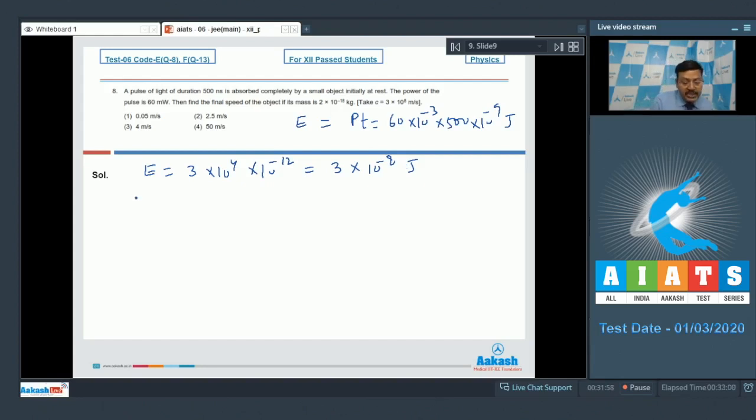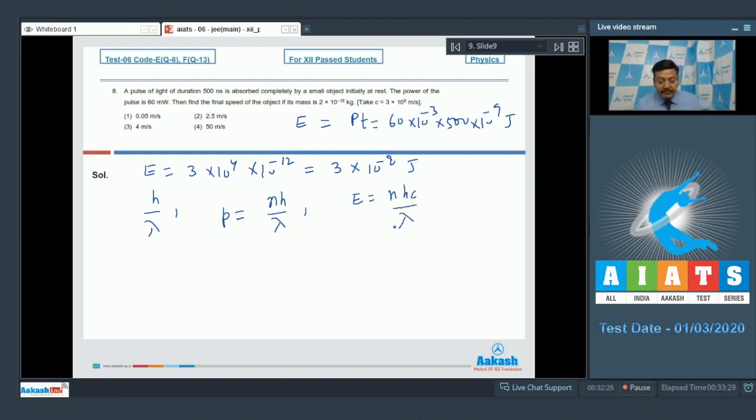Well, what is the momentum of all these photons? To find momentum, we know that momentum of one photon is given by h by lambda, where lambda is the wavelength. Suppose n number of photons are involved, so total momentum is n h by lambda. Let's call it P. And the energy itself is n times hc by lambda.